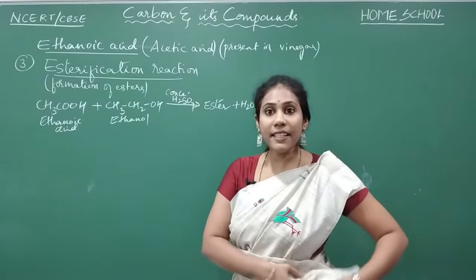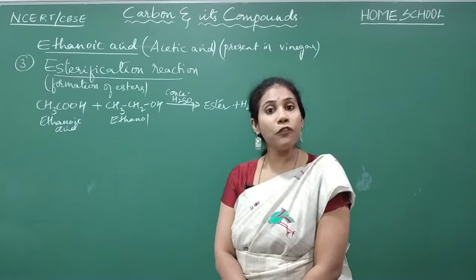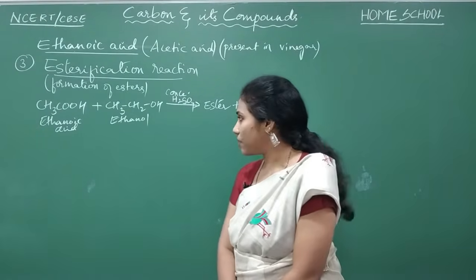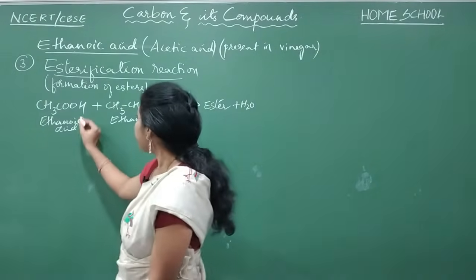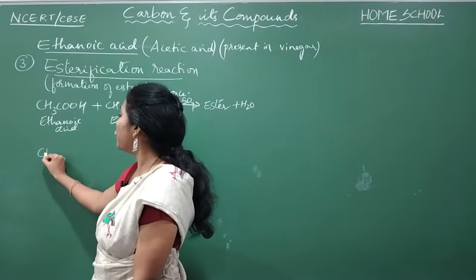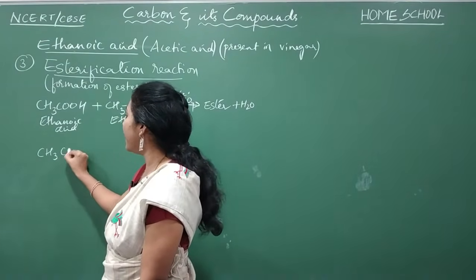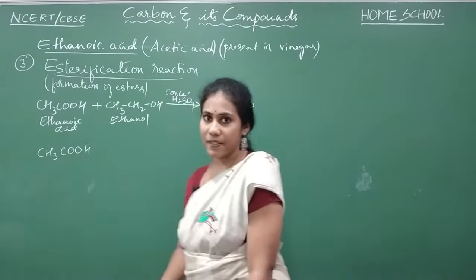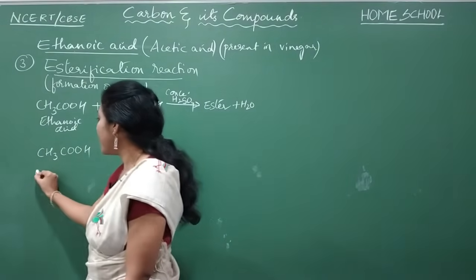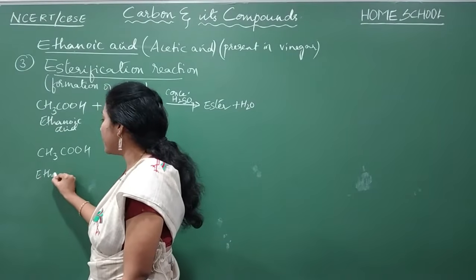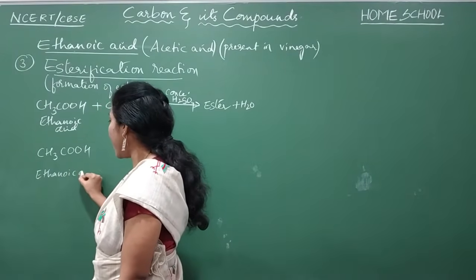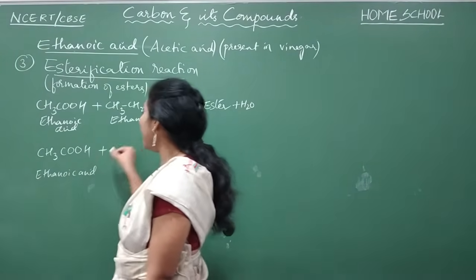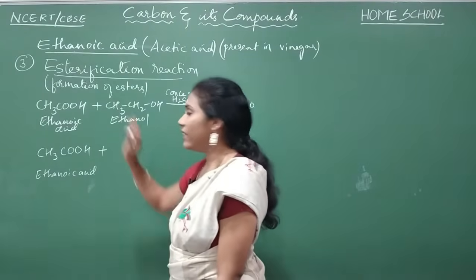Okay, now let us see how this ester is getting formed and what is its structure. Okay, see here, just to show the reaction conveniently, I will write ethanoic acid as it is. Okay, so what is this? Ethanoic acid. Okay, but alcohol I will write reversed.